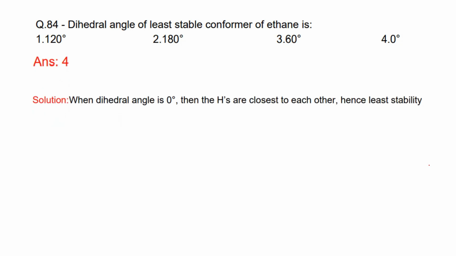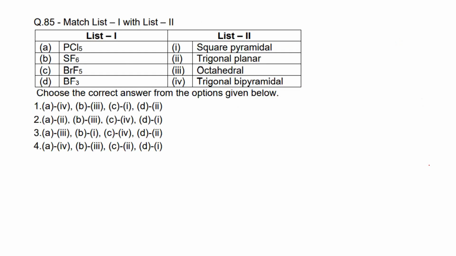Next, question number 85. This is a matching question with list 1 and list 2. PCl5 has sp3d hybridization, and sp3d means trigonal bipyramidal shape. SF6 is sp3d2, which is an octahedral structure. BrF5 is sp3d2, but with only 5 bond pairs and 1 lone pair, so it will show a square pyramidal structure.